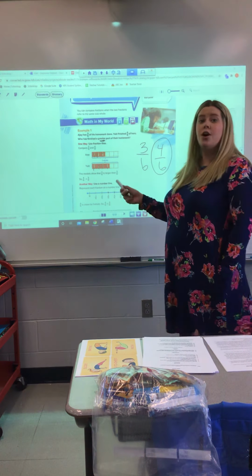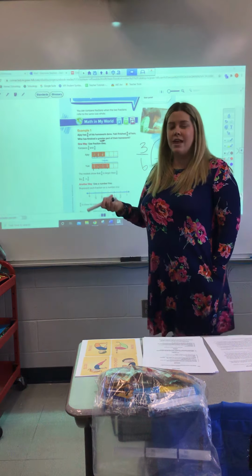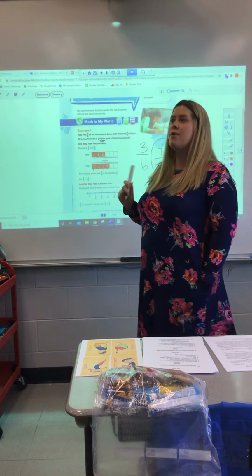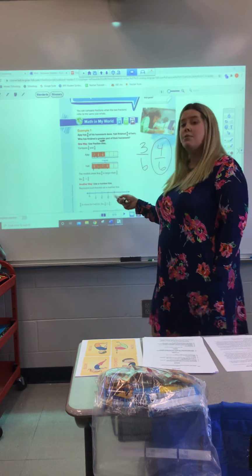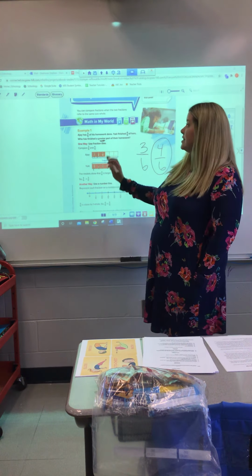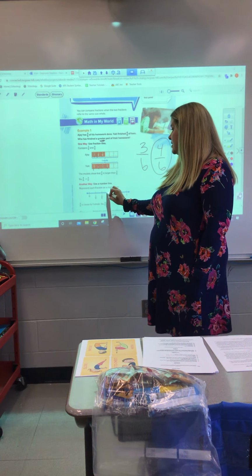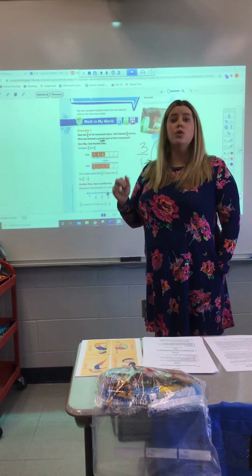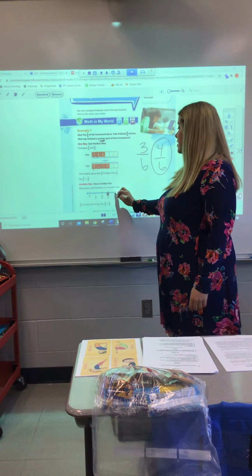We can also map them on a number line, okay? This is a perfect example of a number line. So I drew my number line, divided it into 6 parts, and let's see, AJ finished 3/6, so I'll put a dot there. Yuki finished 4/6.